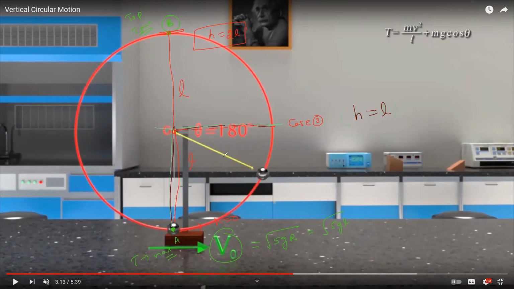So what is the velocity? If I take this point or this point, both are at the same height. Am I right or wrong, guys? So at this height, what is the velocity? Let us calculate it. We all know the formula.